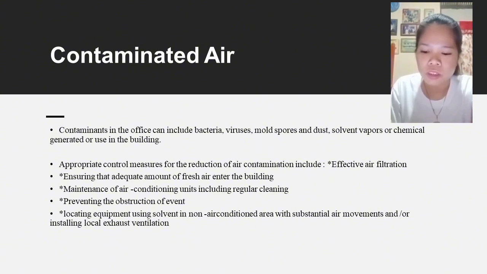Maintenance of air conditioning units, including regular cleaning. Number 4. Preventing the obstruction of vents. Number 5. Locating equipment using solvents in non-air-conditioned areas with substantial air movement and or installing local exhaust ventilation.